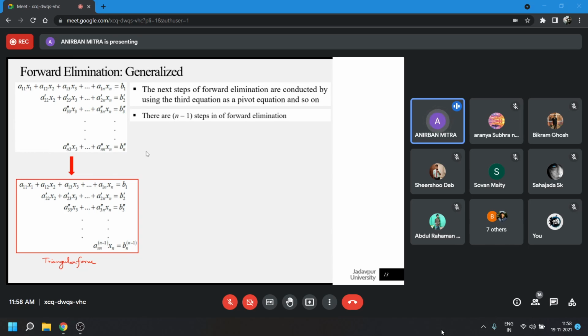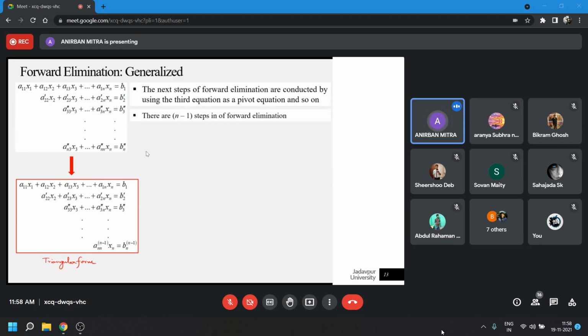Next, you have to consider that with each pivot equation, you will have to operate on certain number of equations. When the first equation is the pivot equation, then you have to operate on all the equations below it. So one by one, you will have to accomplish that step. So that needs to change as well. So number of equations in each of the forward elimination steps would change. That is again another varying factor.